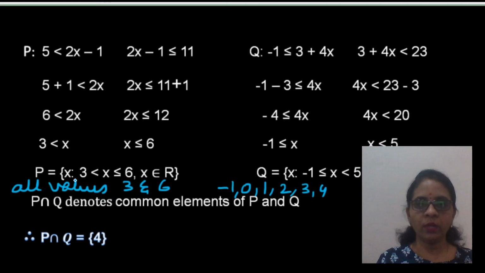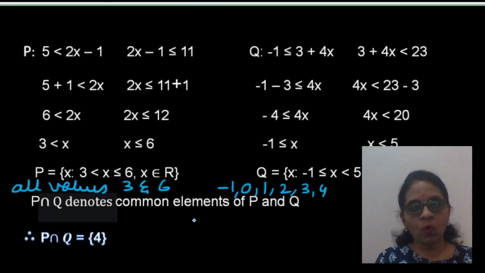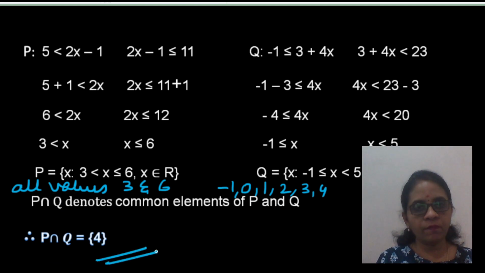So you have 3.1 which is not here, 3.2 which is not here, 3.559999 which is not here. You have a 4 which is here. You have a 4.1 which is not here. You have 5 which is not here. You have 6 which is not here. So what is common? It is only 4 that is common between the two.